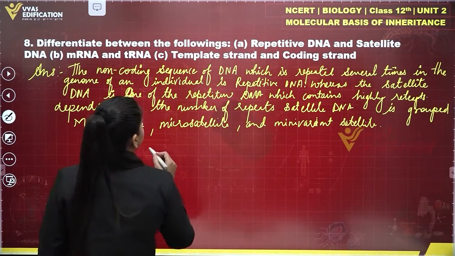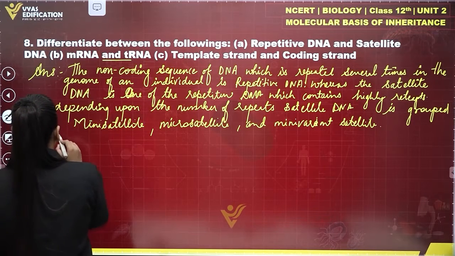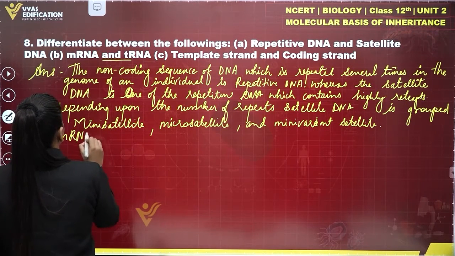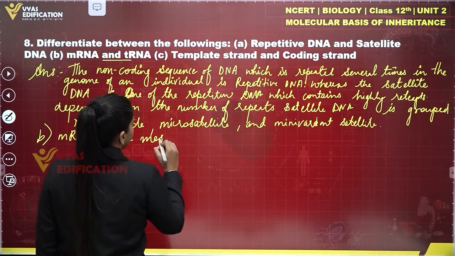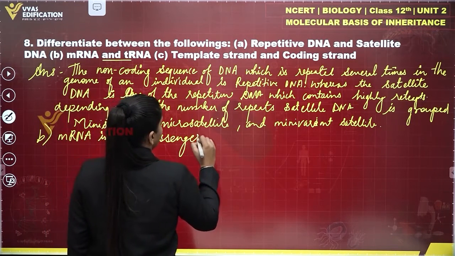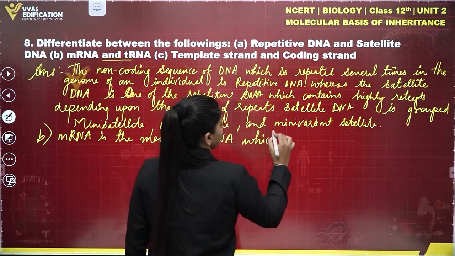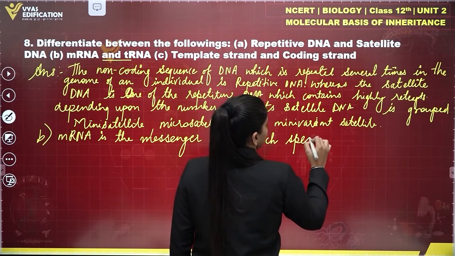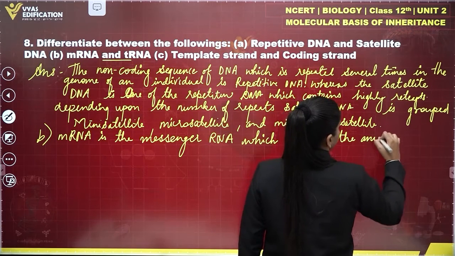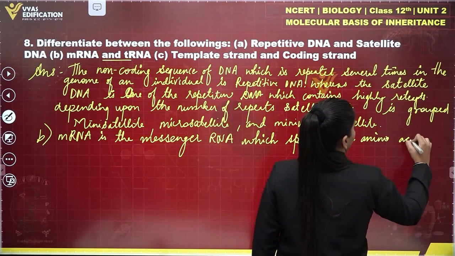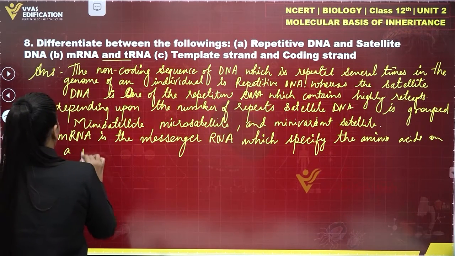Now, if we write the differences between mRNA and tRNA, mRNA is the messenger RNA, which specifies the amino acids on a polypeptide.